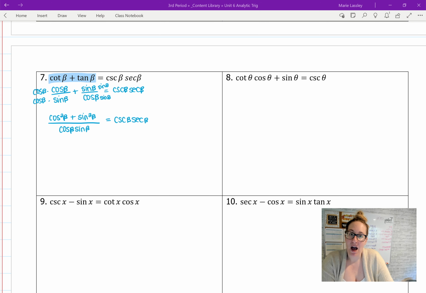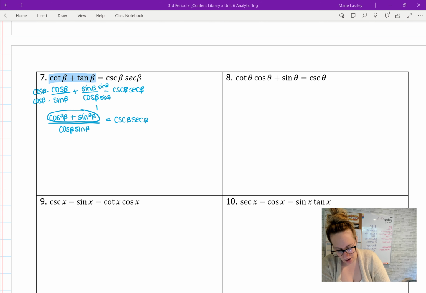So now we need to use an identity. If I look at the top, anytime you have something squared, if you can't figure out anything else to do with it, generally it's going to be one of those Pythagorean identities. So cosine squared plus sine squared is one of our Pythagorean identities. It equals 1. So I can replace this whole top piece with a 1.